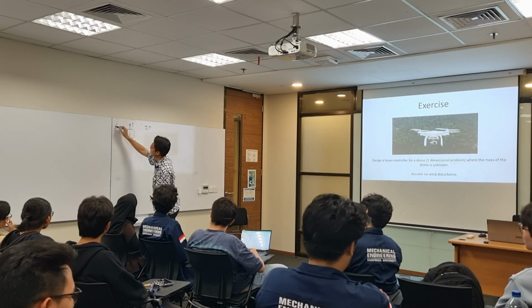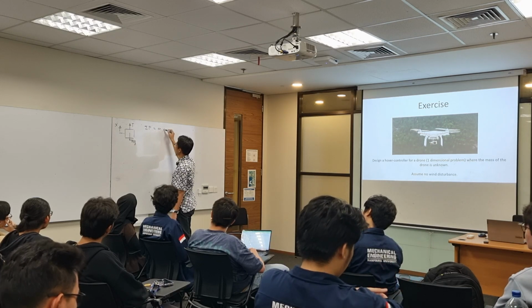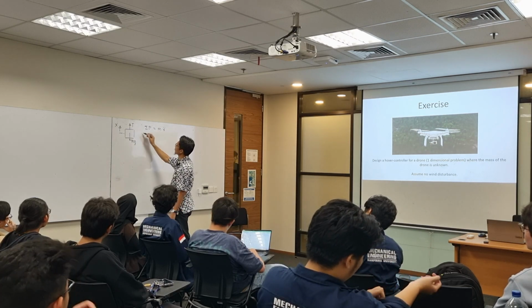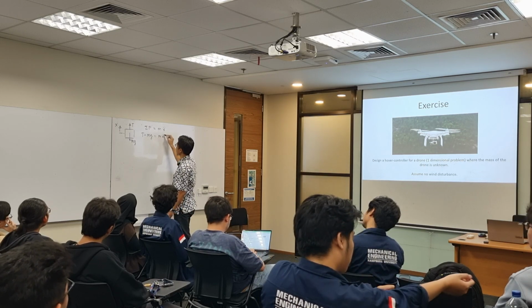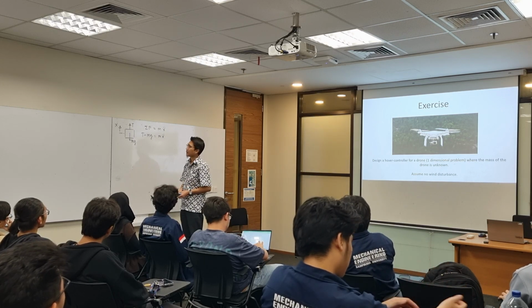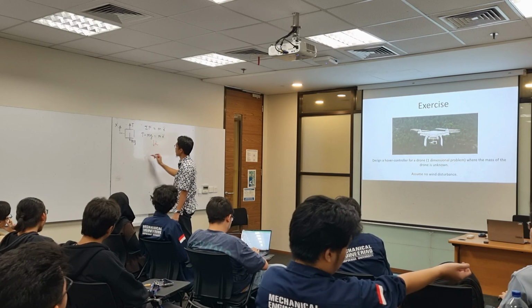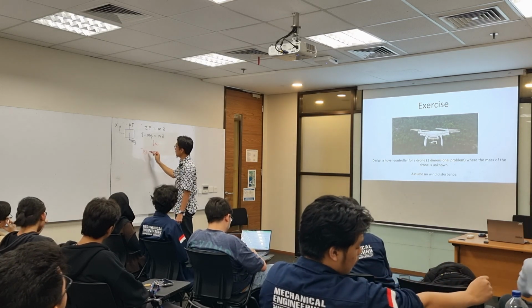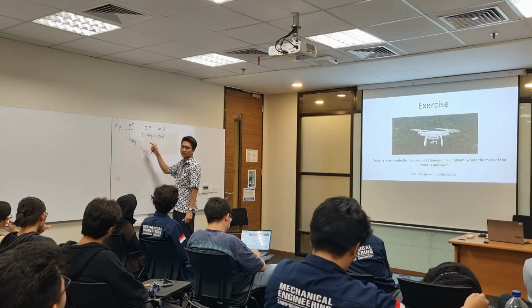Okay, let's say this is X. Mx double dot, so we have thrust minus mg. Okay, then what's next? Turn into Laplace transform. Then you have T(s) minus, what do we call this?